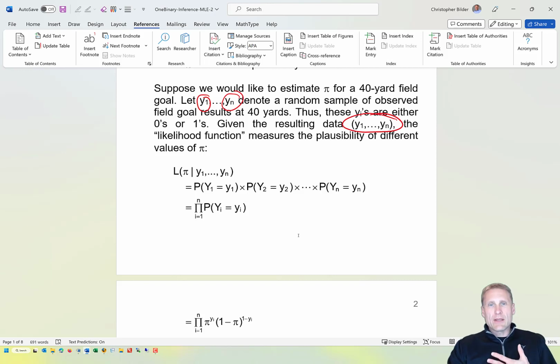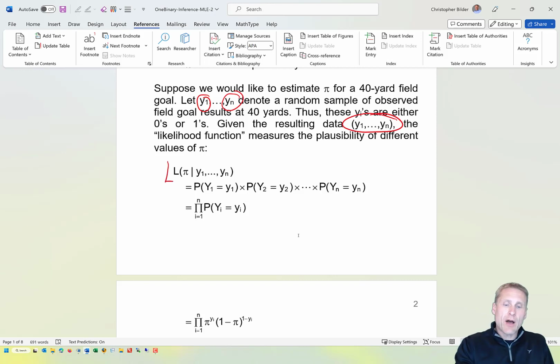Now, given this data, we're going to find what's called a likelihood function. And all that a likelihood function does is a mathematical function that measures the plausibility of particular values of pi. Maybe pi should be 0.1, maybe it should be 0.2. It measures the plausibility of particular values given what you've observed in your sample.